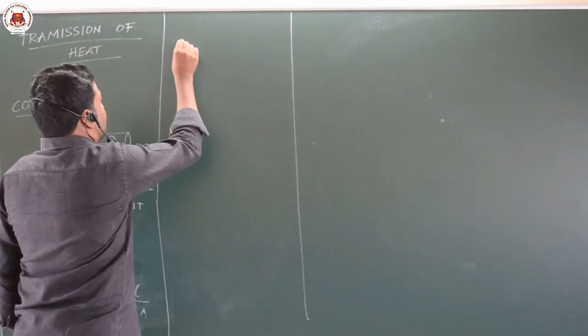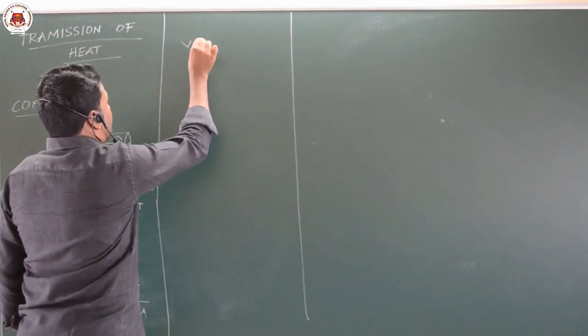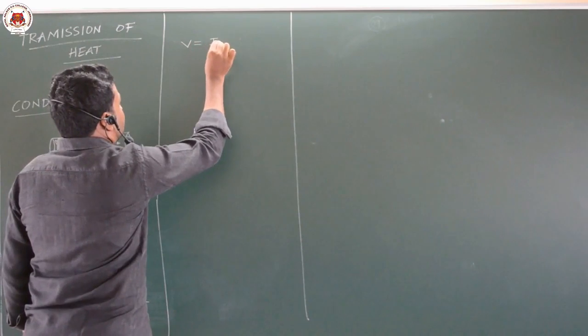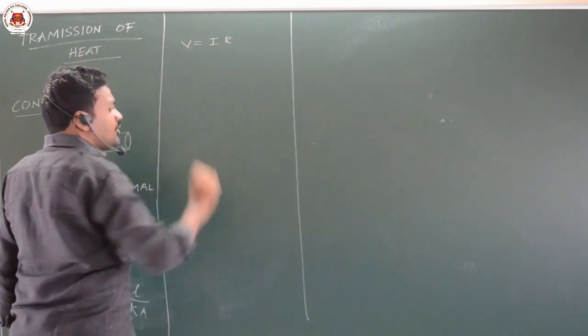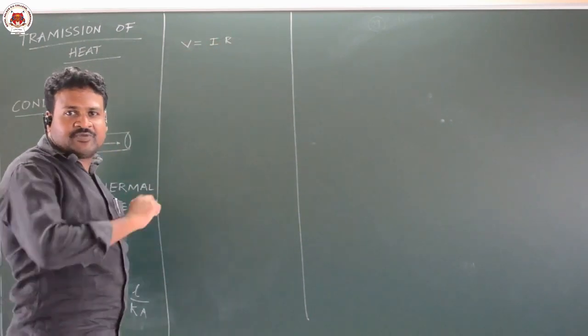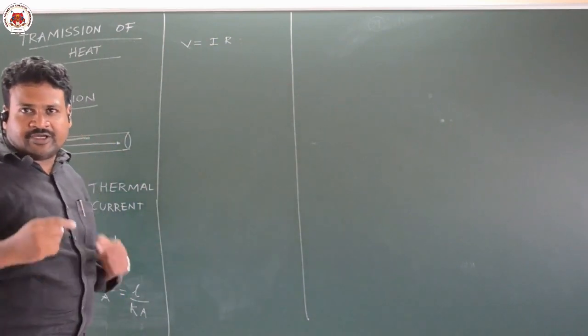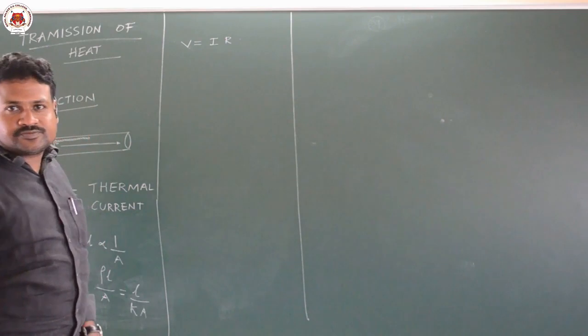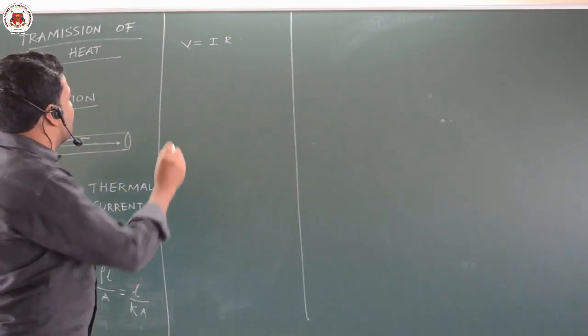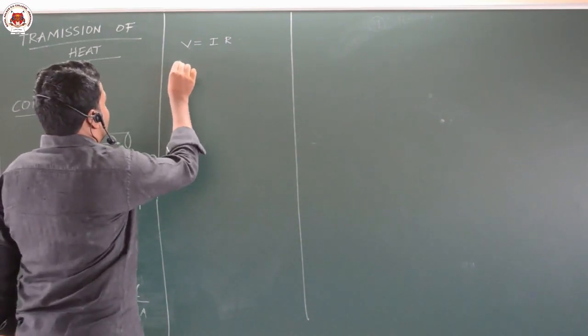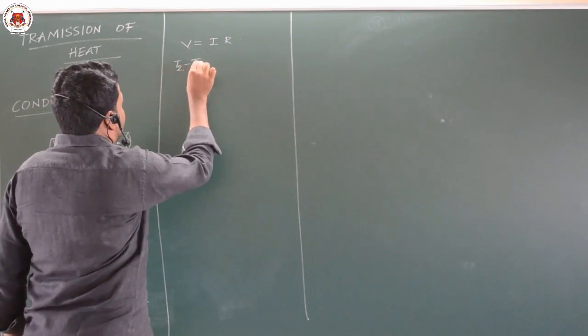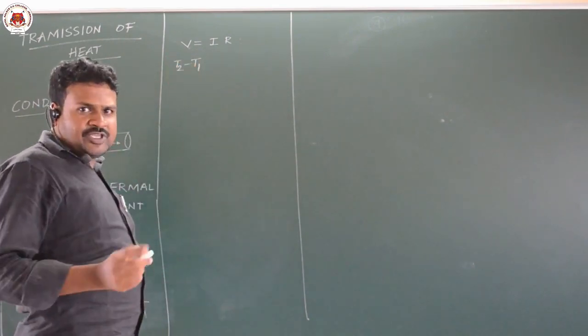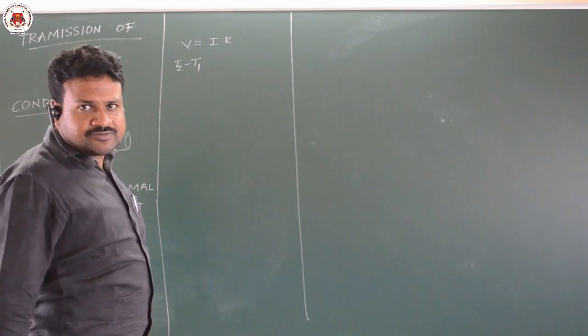According to Ohm, V is equal to IR, where V is the potential difference. Here what difference do you have to take? When a temperature difference is there, heat will flow. So take the temperature difference as the potential difference, T2 minus T1, or in some books they write theta 2 minus theta 1.